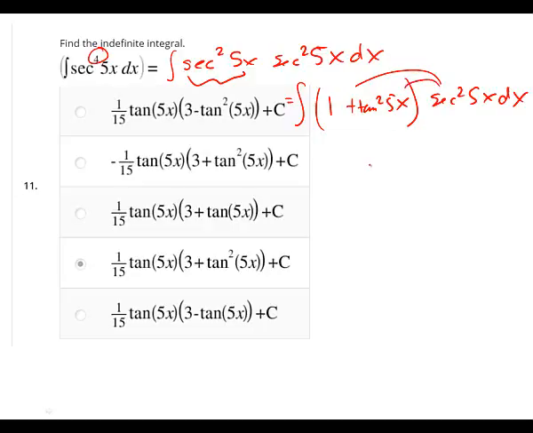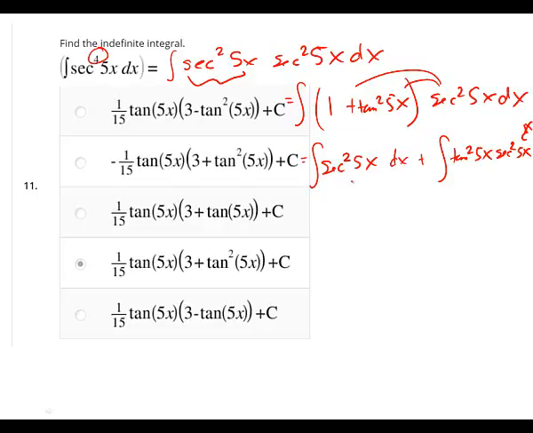This time I'm choosing to do that. So I have the integral of secant squared 5x, and I'm going to do two separate integrals, plus the integral of tangent squared 5x secant squared 5x dx. Sorry, I left too much space.